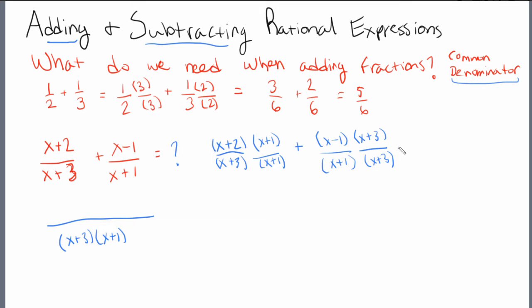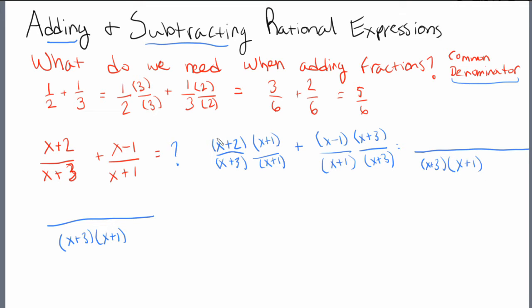So what we end up with is a big long fraction. They both have the same denominator. I can change order when I multiply, so that's not a problem. They have the same denominator, so I'm going to put them in the same fraction.